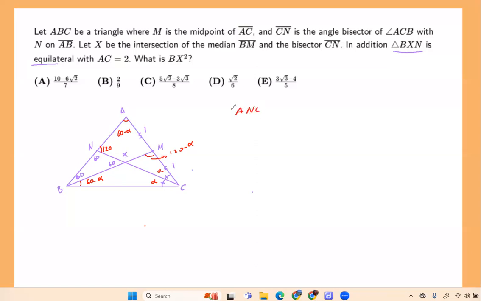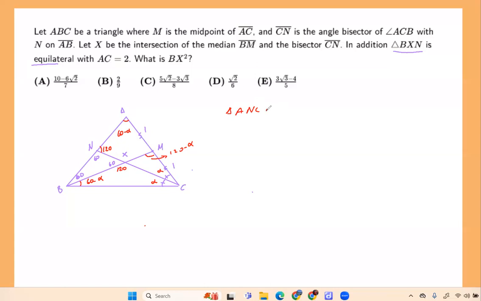Triangle ANC has 120, 60 minus alpha and alpha, right? But we do have something going on as well. So 60 right here, so this means this is 120. This angle is 120. This is 60 minus alpha. This is alpha. It looks like the same angle as this triangle.